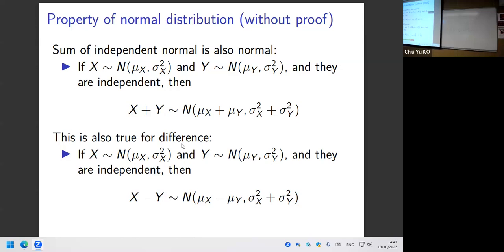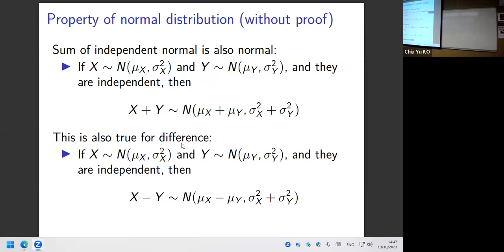What it says is that if I have 2 independent bells, adding them up is still a bell. Note that this is not true for any other system. You add 2 exponentials, not exponential. You add 2 binomials, not binomial. It's almost never true.